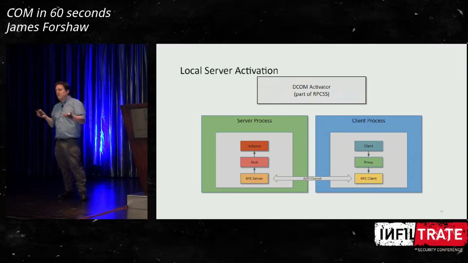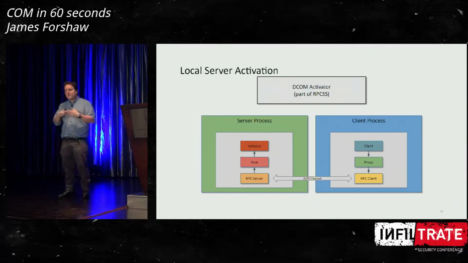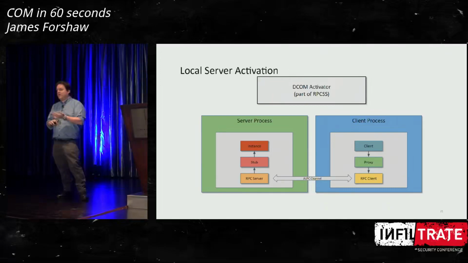And this is just local out-of-process COM servers. Effectively, pretty much all the same plumbing and infrastructure is used. You still have the proxies, you still have the stubs, but the only real big difference is the window messaging is now replaced by an ALPC client in this case. So just the standard RPC channel.